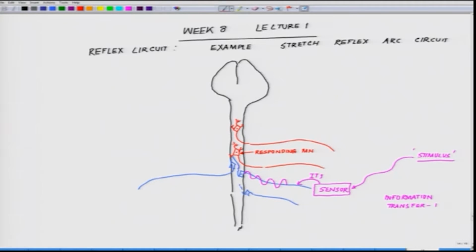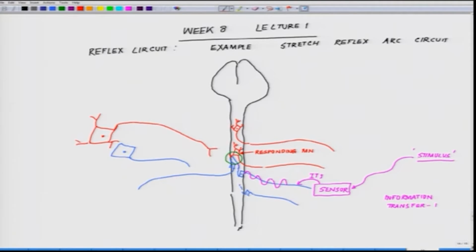If I were to blow up this location, it will be something like this. You have, in blue, the sensory neuron, and in closest proximity, in the ventral horn, sits the motor neuron cell body with its dendrite sitting like that.